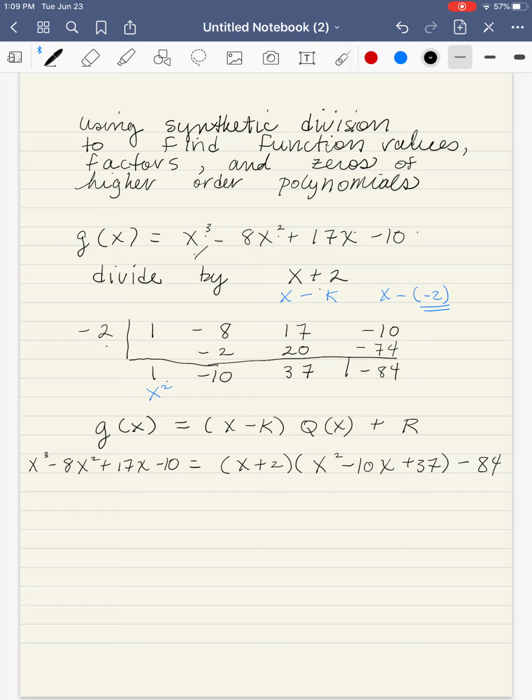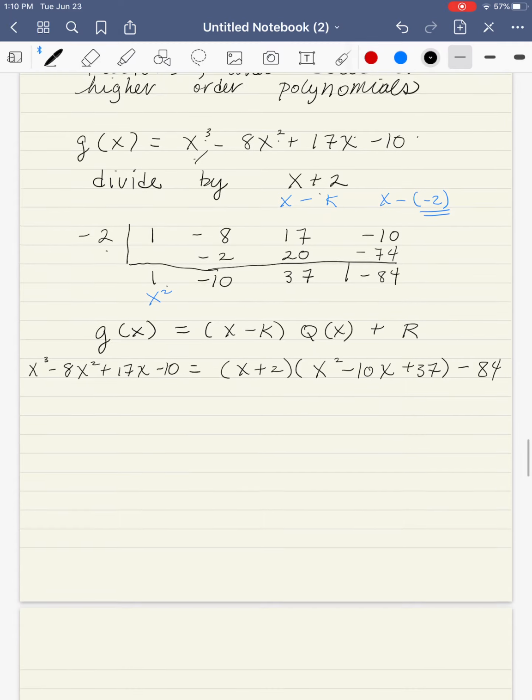So we have 1x squared minus 10x plus 37 with a remainder of negative 84. Okay, I want you to leave quite a bit of space underneath this. We're going to come back and do some things with this.